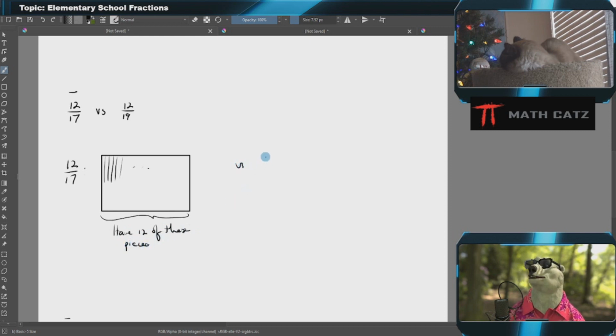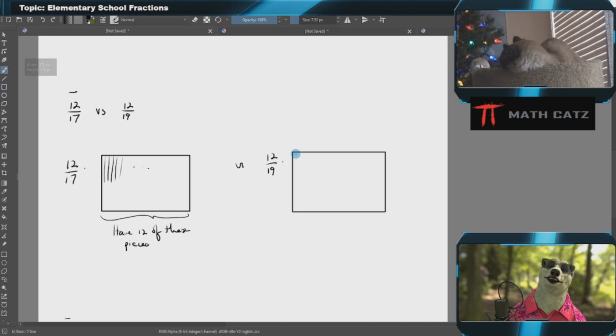And if we compare that to 12/19, without completely drawing the rectangle, you have the foundation to understand what we're doing here. And we have 12 of these pieces as well.